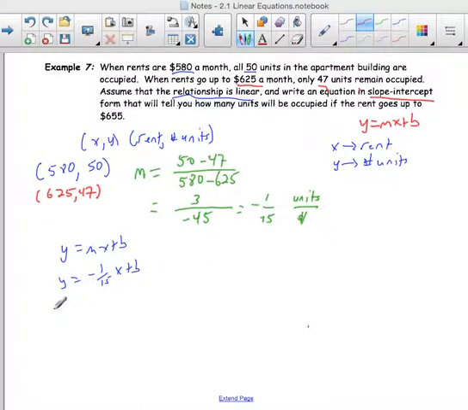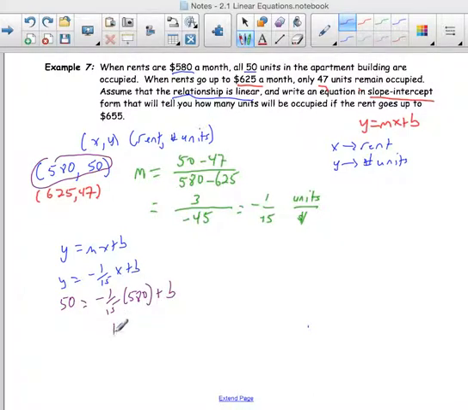Since we want to get this in slope-intercept form, let's go directly to that form. I will use this first point. I'm going to use this point here for my x and my y. So in which case, I'm going to get 50 equals negative 1/15 times x, which is 580 plus b.